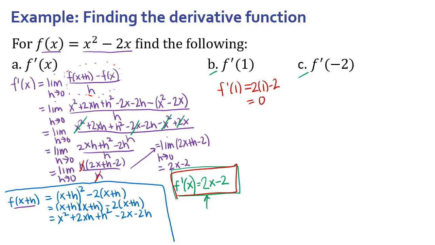F prime of negative 2 is going to be 2 times negative 2 minus 2, which is negative 4 minus 2, which gives me negative 6. So it's so helpful to find this formula for all x values, and then all we have to do is substitute in the specific x values that we're looking for.